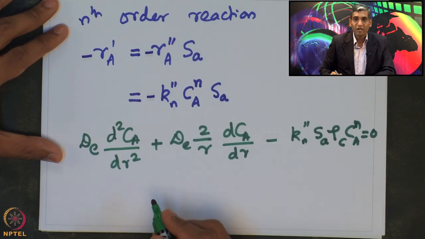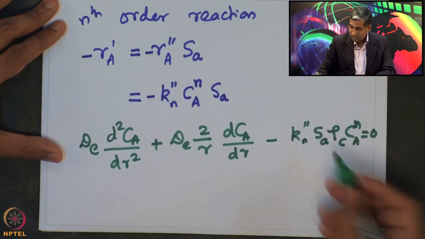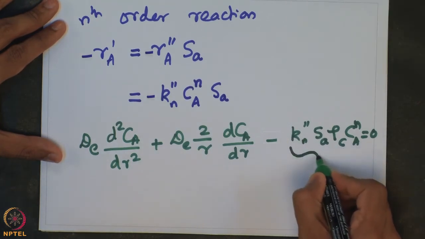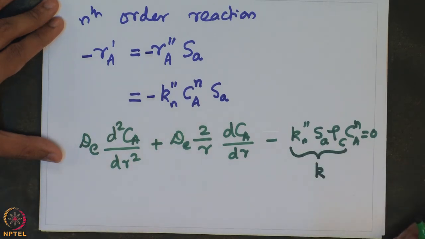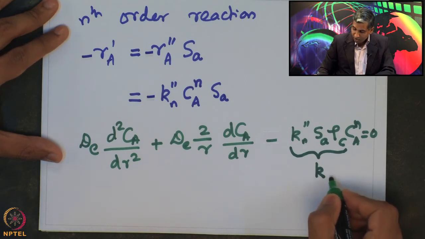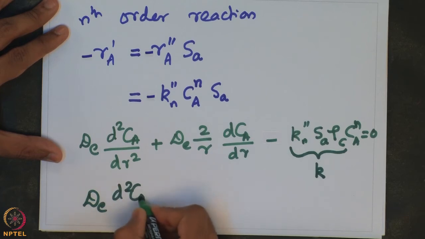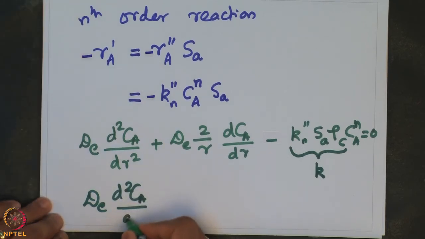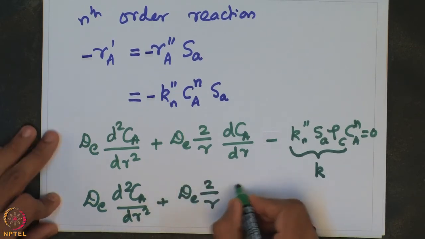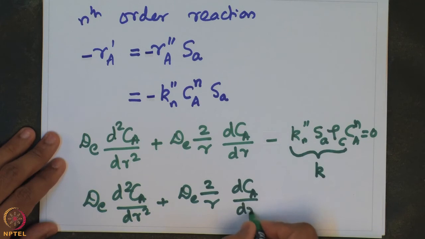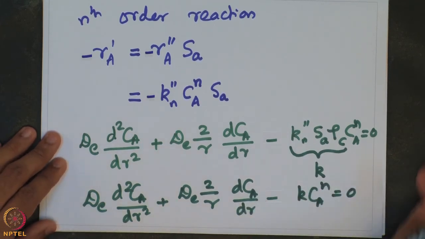By plugging in the expression for the rates, we can see that it is nothing but Kn double prime Sa rho c. So, if I now call this some rate constant k, I can rewrite the whole expression as dE d square Ca by dr square plus dE into 2 by r dCa by dr minus k into Ca to the power of n equal to 0.